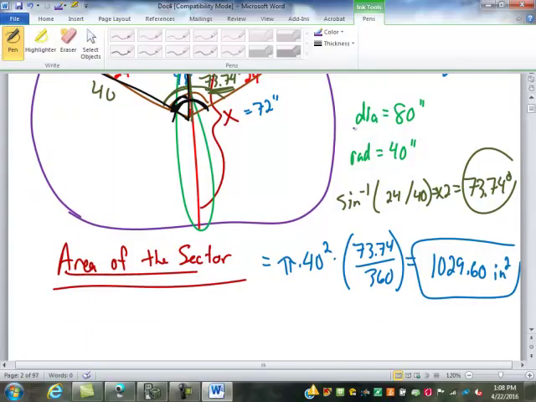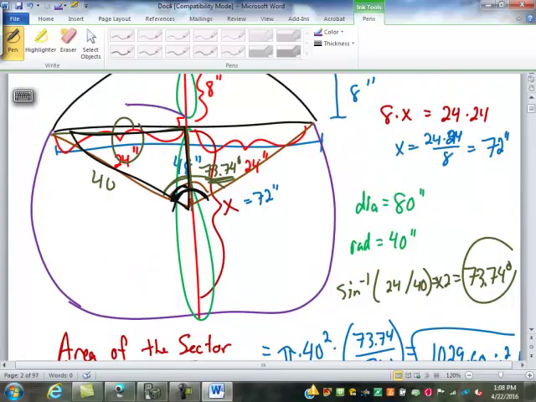The triangle has an area of 48 times, because this whole distance is 48. What's this length here? I say it's 32. How did I get 32 there? For the height of the triangle.